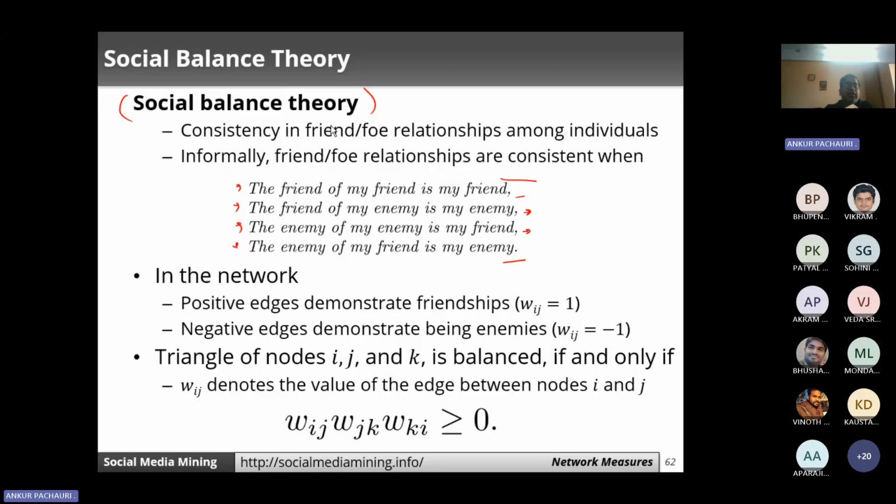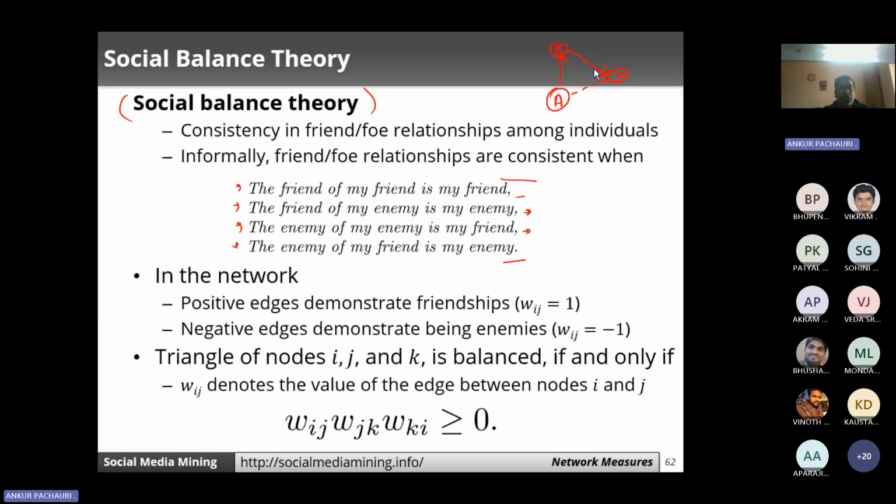Now, for example, suppose I'm A, I have a friend B, and I have an enemy C. C is my enemy, B is my friend, but B and C are also friends.